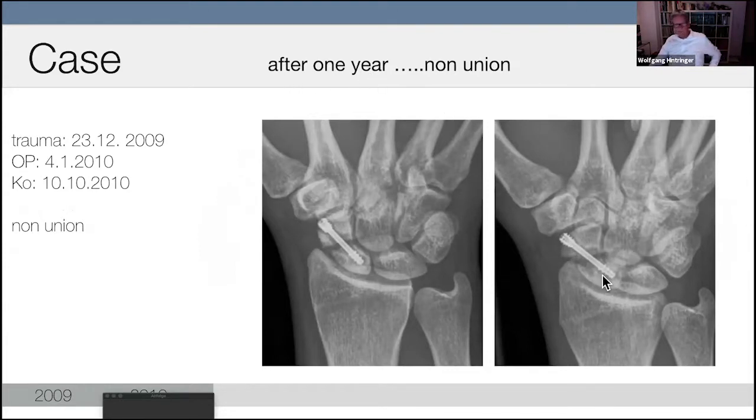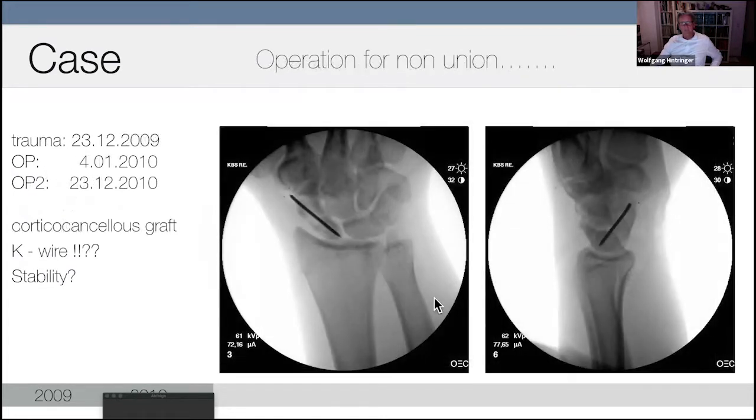And that's really the indication. If you have a big hole, a screw that does not hold, and a resorption zone, again a screw is not the right method for that. Then they did a further operation for the non-union, cancellous bone graft with a K-wire.